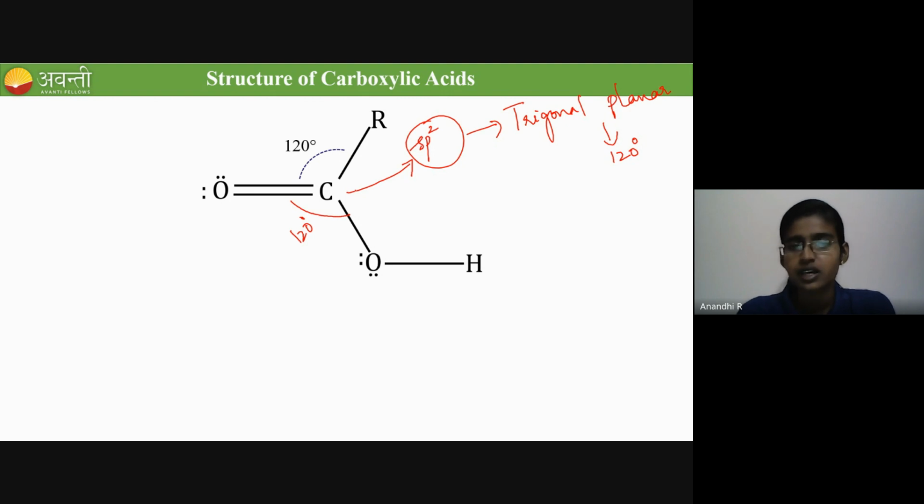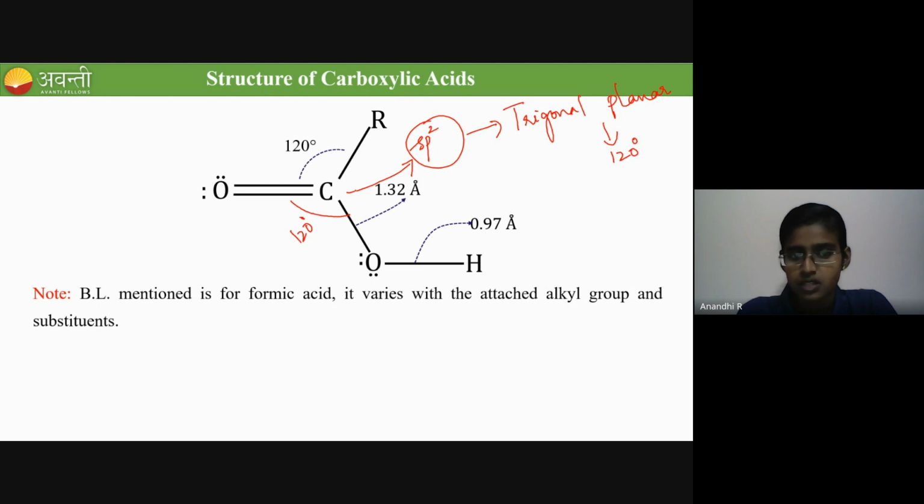Got it? And the CO single bond length is 1.32 angstrom, and the OH bond length is 0.97 angstrom. So these are the values you have to study. The bond lengths mentioned are for formic acid. What is the formula for formic acid? If the R group is hydrogen, H, then the name of the acid is formic acid, right?